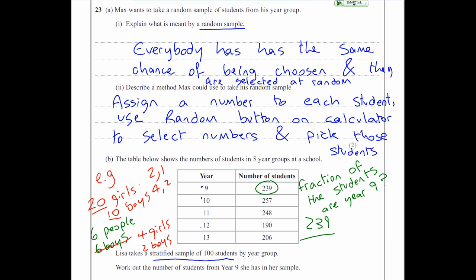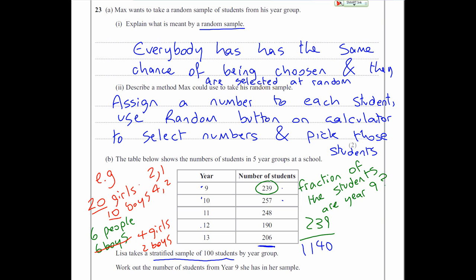Well, what you want to do is add up how many you've got. So on your calculator, 239, add 257, add 248, add 190, add 206. And the total number is 1,140.